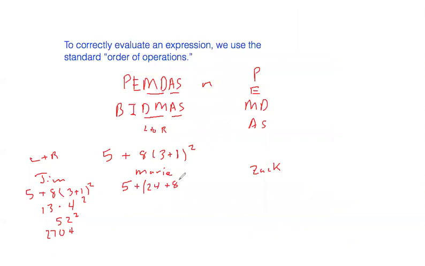So she ends up with 5 plus 32 squared, which ends up to be 5 plus 1,024, which is then 1,029. So that's Marie's answer.